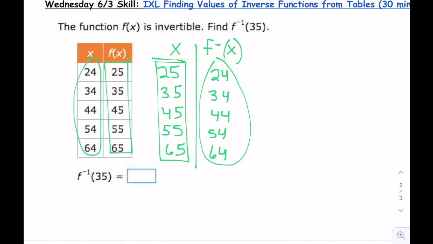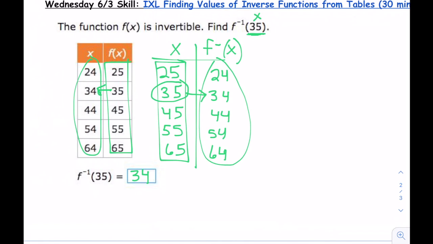So now that I have my table for f inverse of x, I can find f inverse of 35. I'm going to find where the x value is 35, which is here, and find its output, which is 34. Now you might have noticed on the original table, when 35 was the output, 34 was the input.